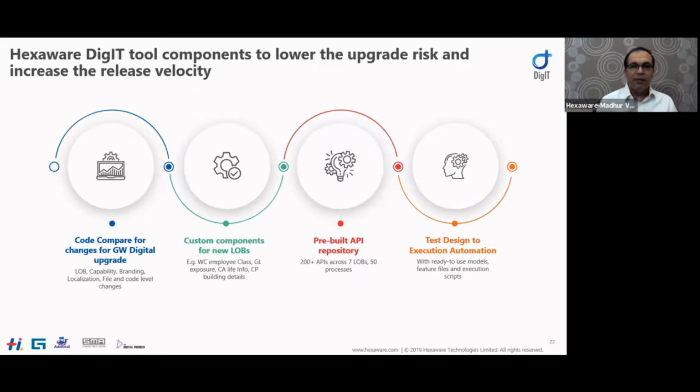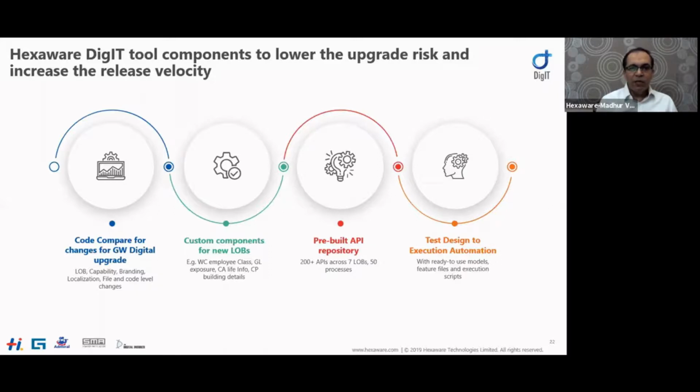The automation is not only for models, which generate the test design automatically, but we also use the Confirmate tool, integrated with test execution automation tools like Selenium, so that the automation scripts can be produced automatically, and then those scripts can be executed automatically.